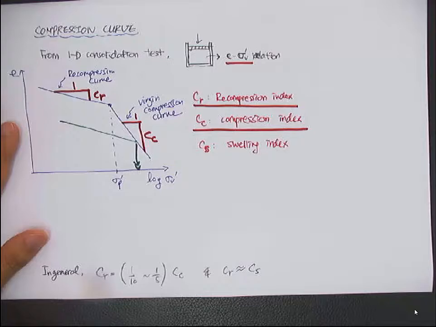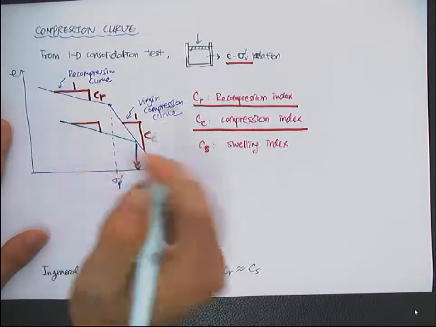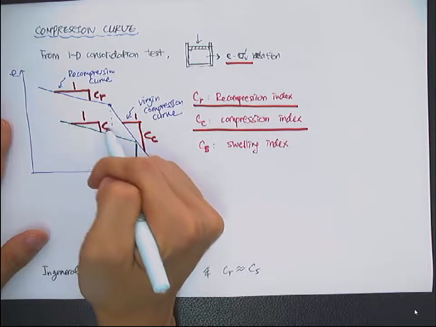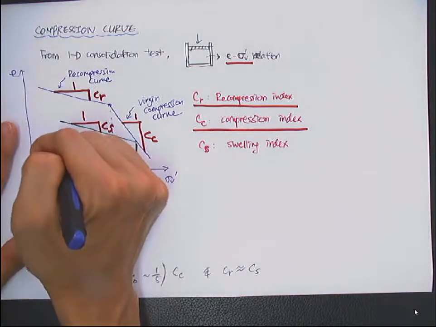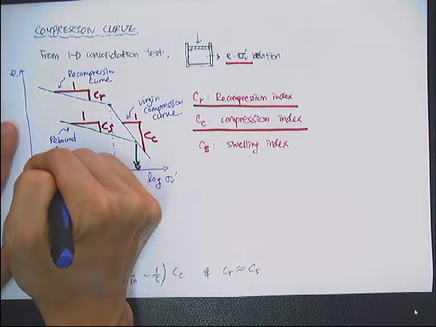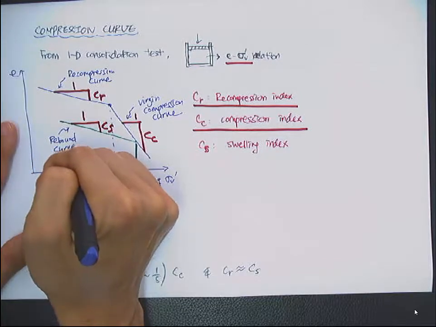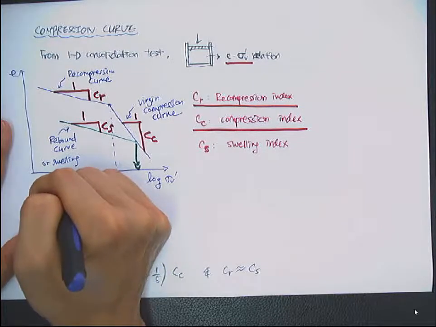So the slope of this rebound curve is called the swelling index, and this is called the rebound curve, or swelling curve.